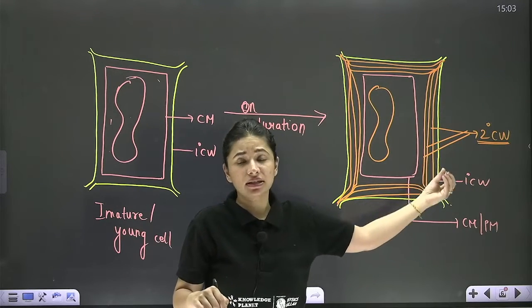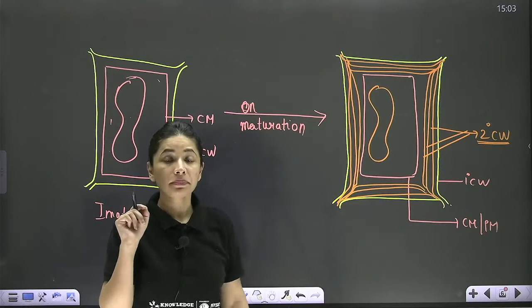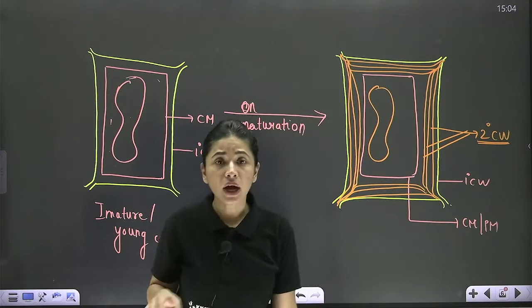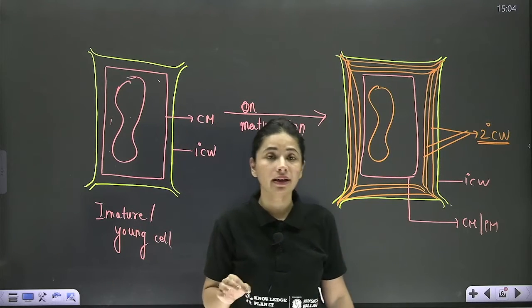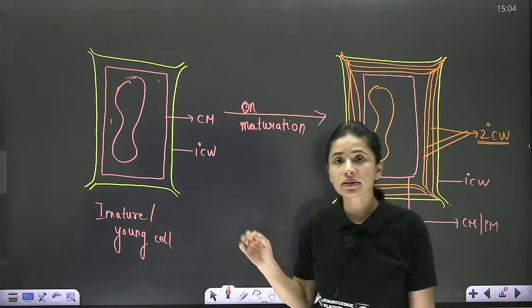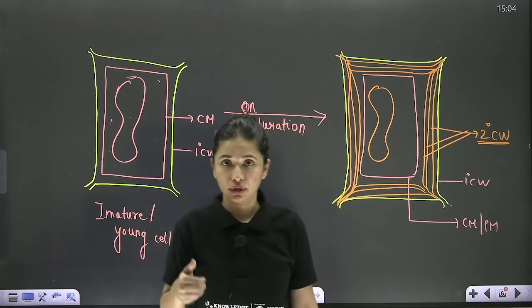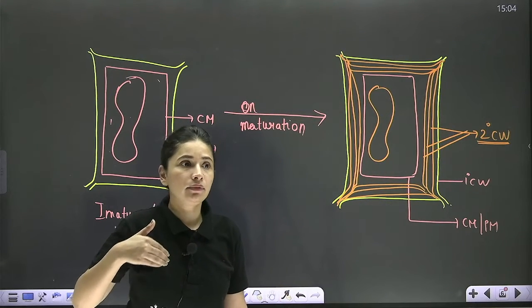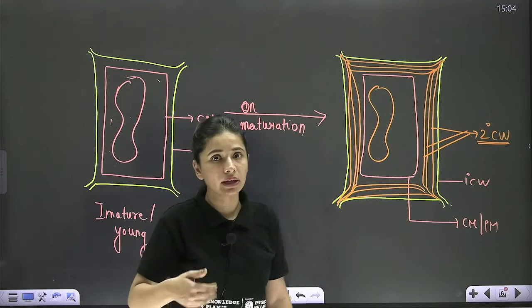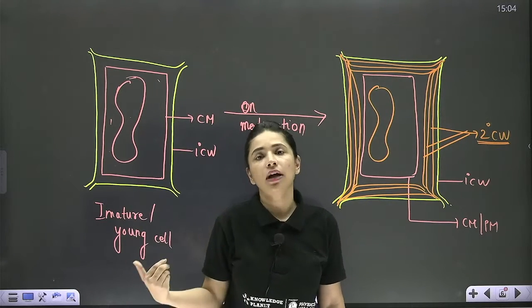So this is just an example of showing intrinsic growth. You know that all living organisms without any exception show intrinsic growth. Intrinsic is basically internal growth, where whatever new growth will take place, inside the body, inside the cell, not outside it.